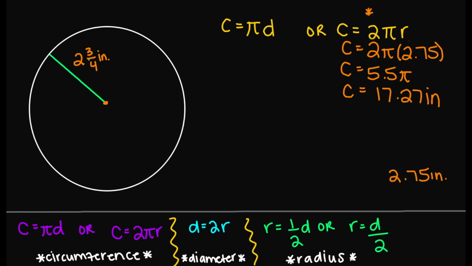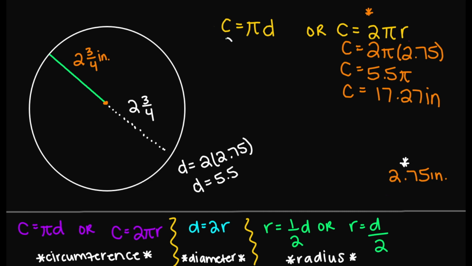And let's say you had your diameter. If 2.75 is my radius here, on this side you're also going to get 2 3/4 or 2.75 as well. So 2.75 times 2 is going to equal 5.5. So you're going to do C equals pi times your diameter.